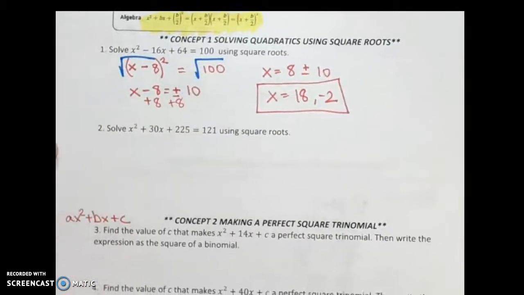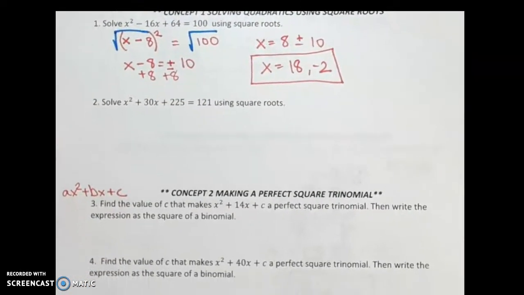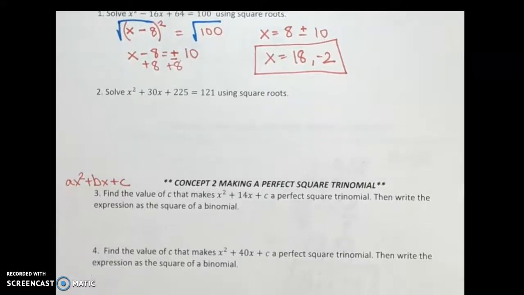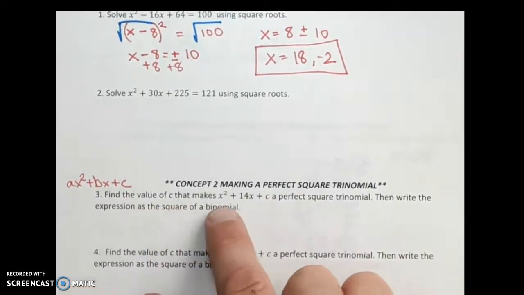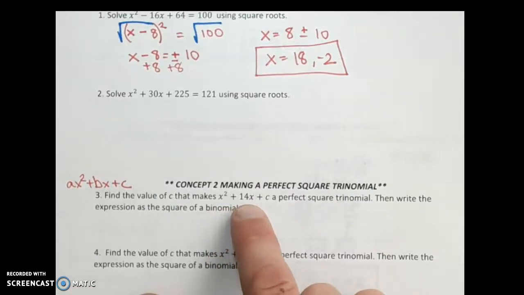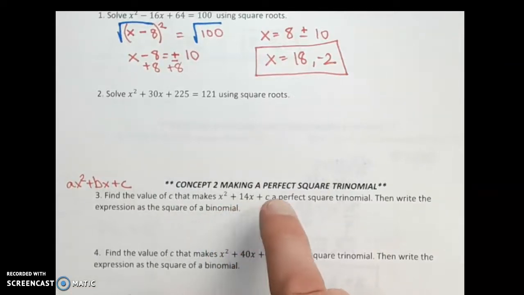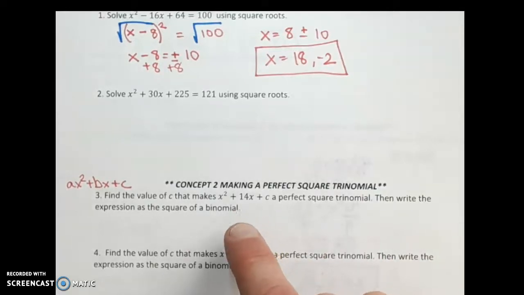Concept number 2. Making a perfect trinomial square. Alright, so this time you have to find the value of c that makes x squared plus 14x plus c a perfect trinomial square. So to solve for c to make that perfect trinomial square, then we're going to write the expression as a square of a binomial.